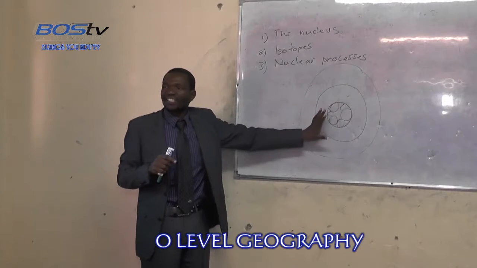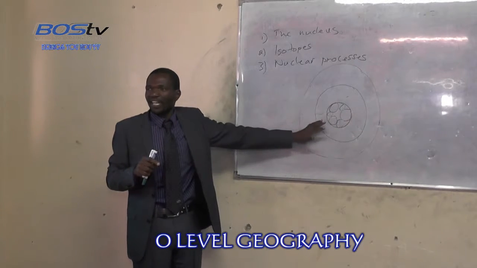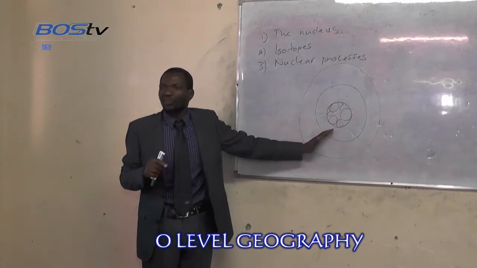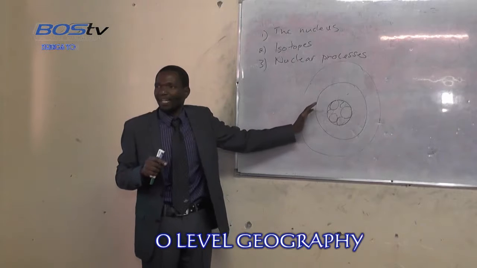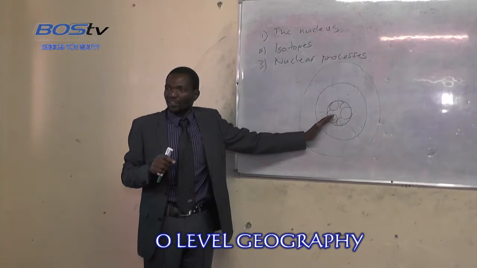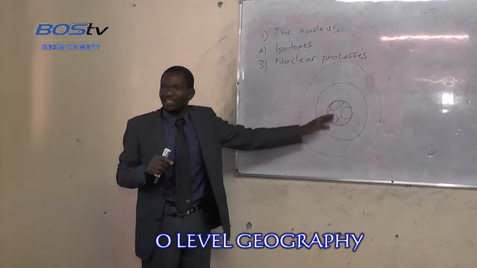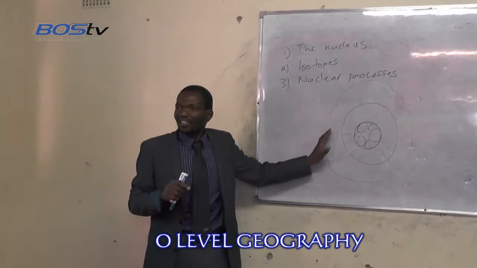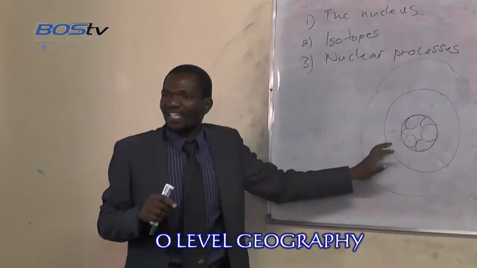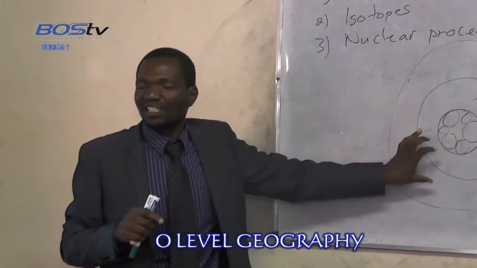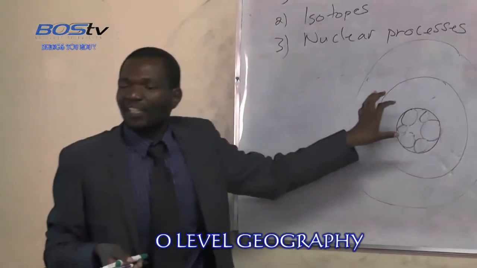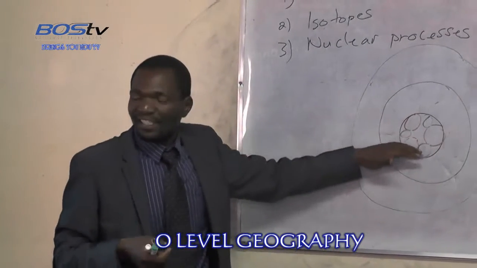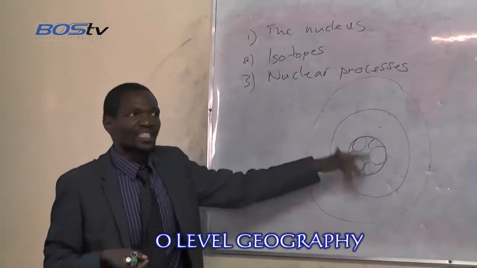In as far as chemical reactions are concerned, the proton number determines the number of electrons in a neutral atom, and the number of electrons determines the arrangement of electrons, and this is what determines the chemical reactions which can take place. But when we are looking at nuclear processes, it's slightly different, as you'll see shortly.